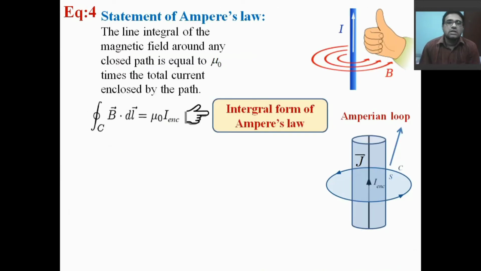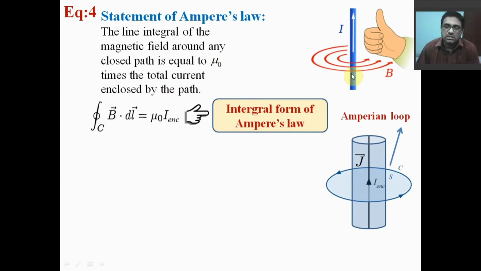Now let's discuss equation 4, the fourth Maxwell equation, before the modification, that is Ampere's law. You know that the line integral of the magnetic field around any closed path is equal to mu 0 times the total current enclosed by the path.